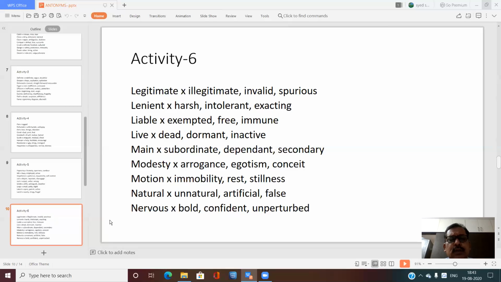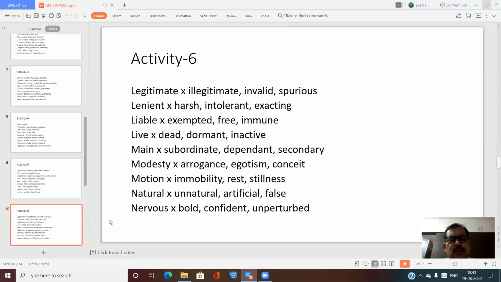Main. Opposite word: subordinate, dependent, secondary. So these are the opposite words of main.